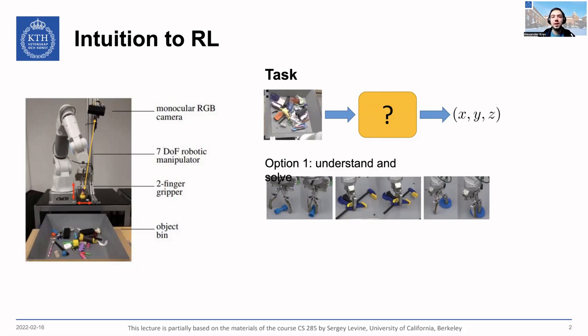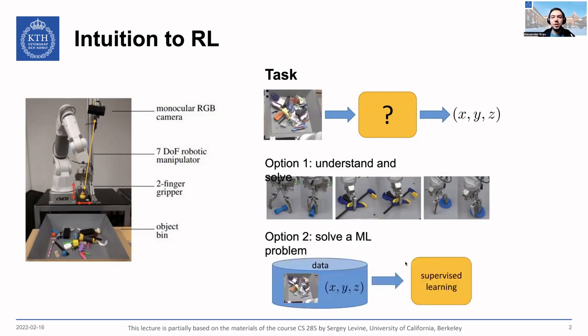And the more or less classic approach of recent years is basically to use machine learning for that. So you reformulate your task as a machine learning problem and solve that. In very simple terms, if we formulate this task as a supervised learning problem, it would be the following.